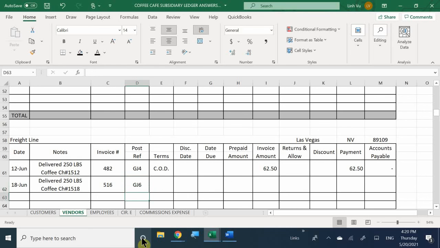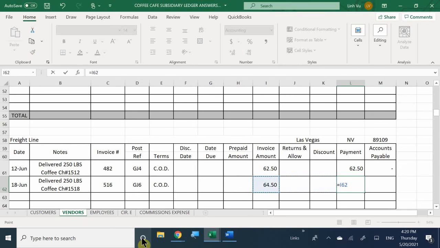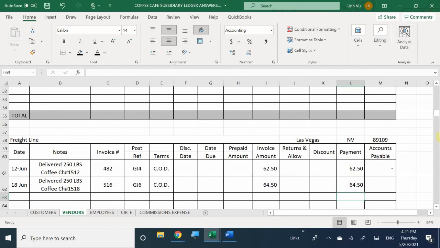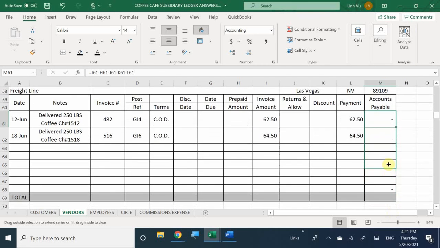We're still on 6. For COD. And this time it was for how much? 6450. Okay. And we paid it off. We owe them nothing. Good. All right.